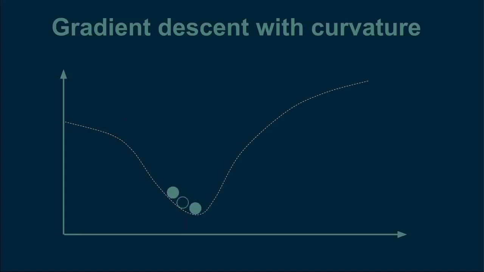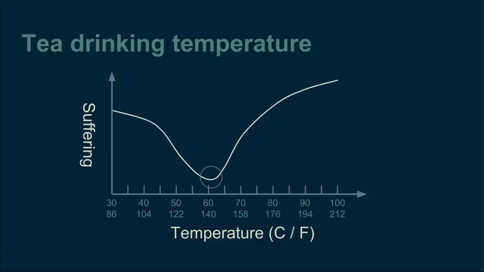And then you can do it again. And if that curvature is starting to bottom out, then you can take a smaller step because that's the signal that you're getting closer to the bottom. It helps you to do this in fewer steps as long as your curve is relatively well behaved, which is not always the case.